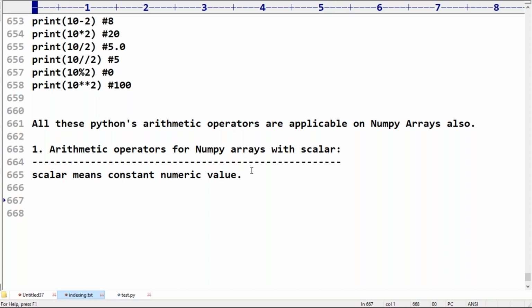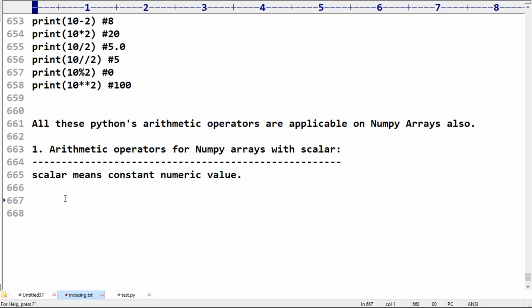Don't think too much. Say I have an array a plus 2. This means we are performing the arithmetic operation plus on the array, but with a scalar value. Scalar means a constant numeric value, nothing beyond that.